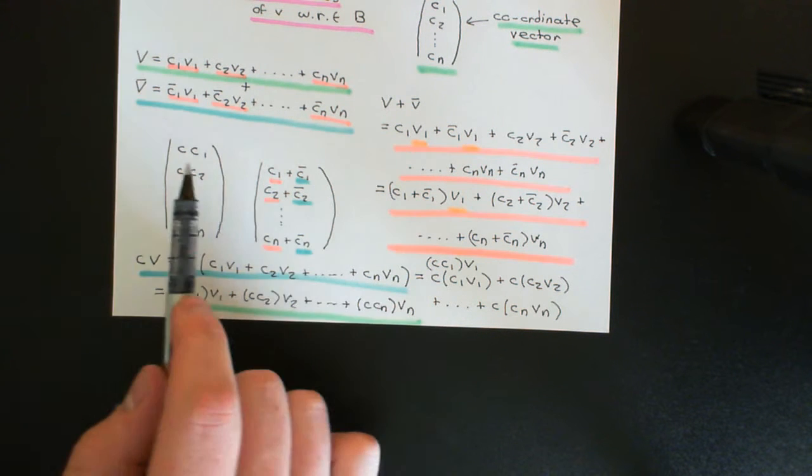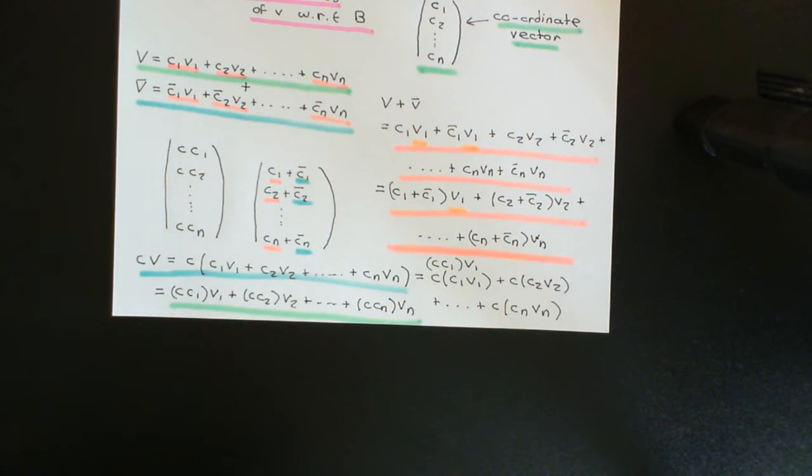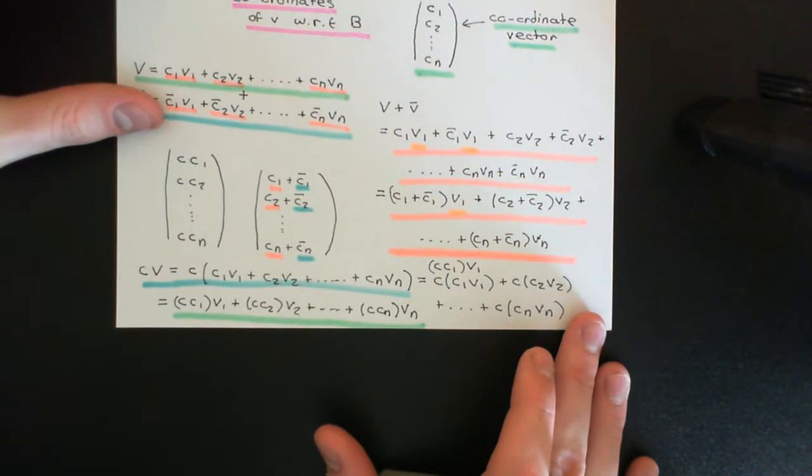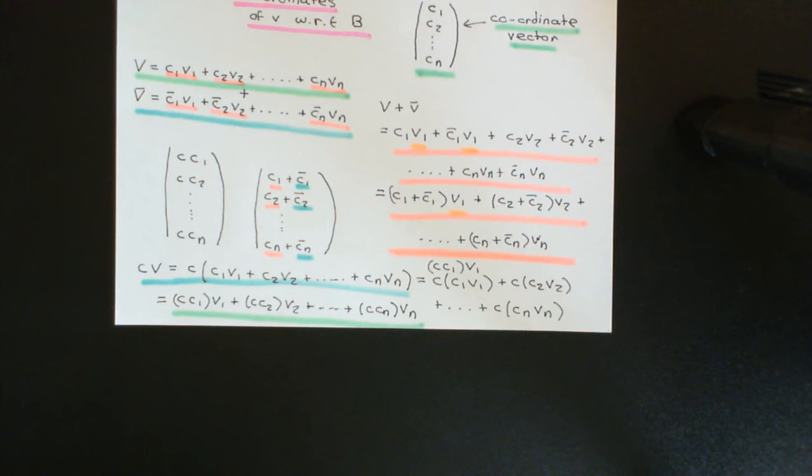That's beautiful. And in addition, for scalar multiplication of a vector, all you do is multiply all of the coordinates by that scalar, and that's how the coordinate vector will change. So this is why coordinate vectors are so beautiful.